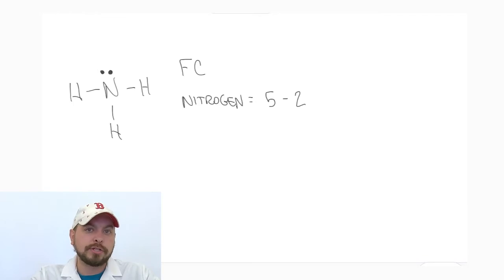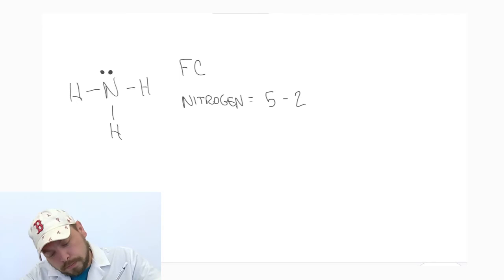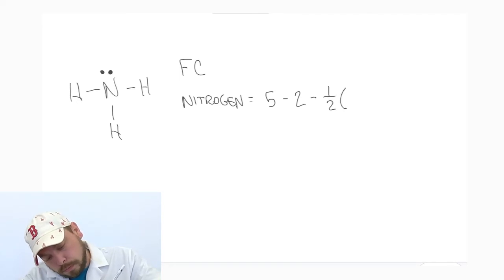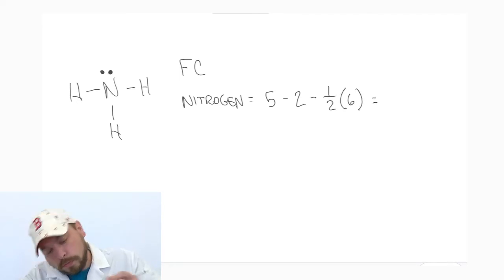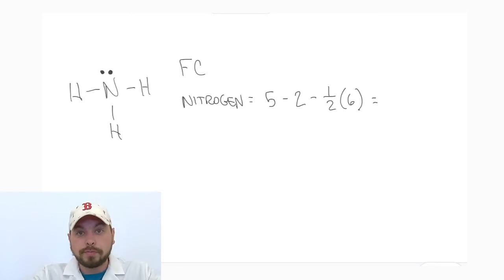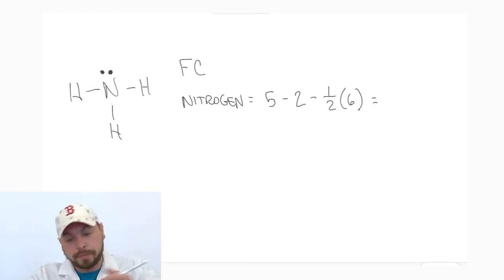In this case, each covalent bond, again, has 2 valence electrons accounting for it, which means that you're going to have 6 valence electrons found in the bonds. 5 minus 2, and then 1/2 of 6. All right, so 5 minus 2 minus 3, that gives a formal charge for the nitrogen of 0.